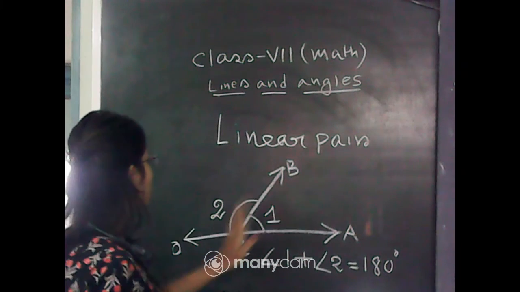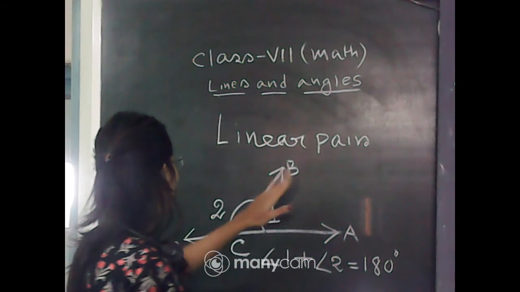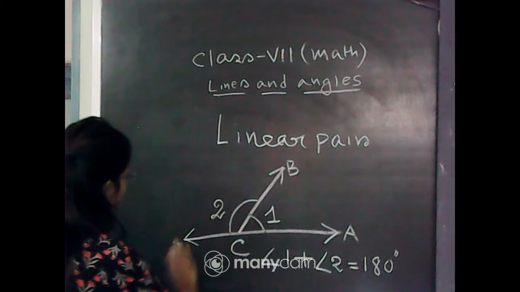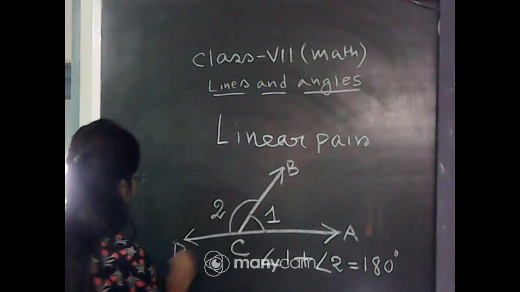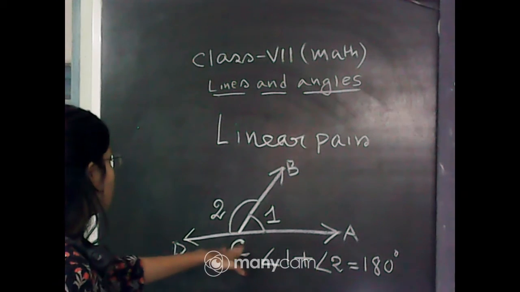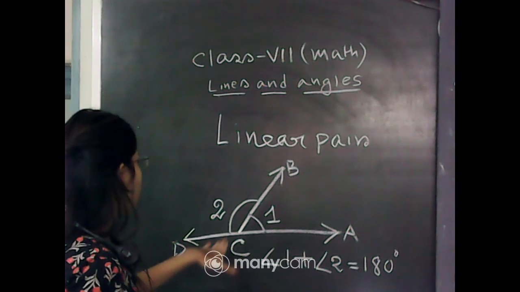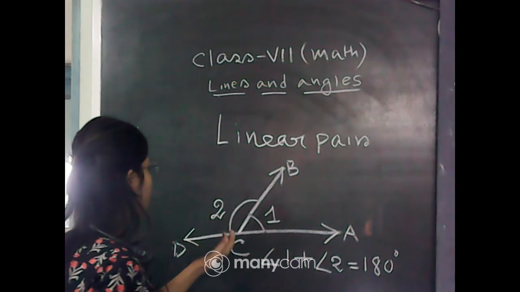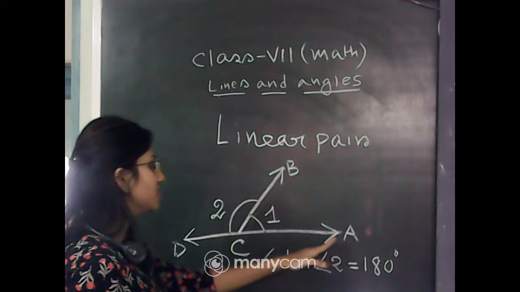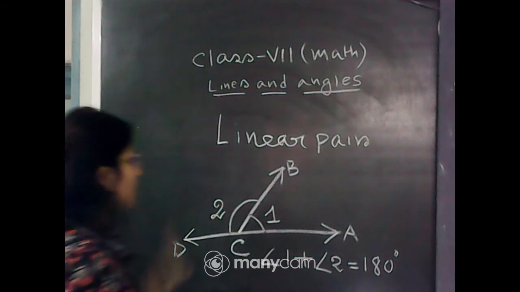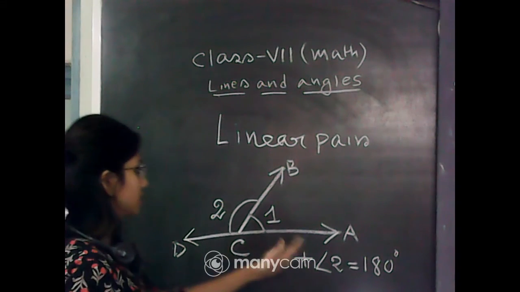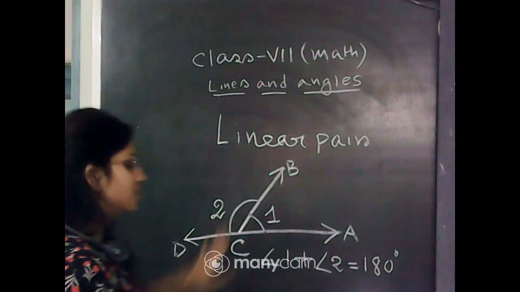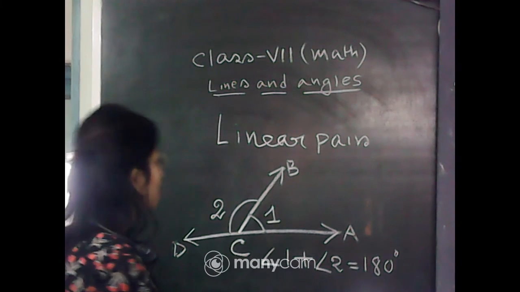Also angle BCA and angle BCD have the common vertex C, common arm CB, but the non-common arms are the opposite rays. That is, they form a line. In this case, the adjacent angles form a linear pair.